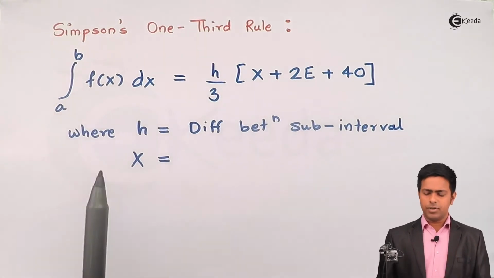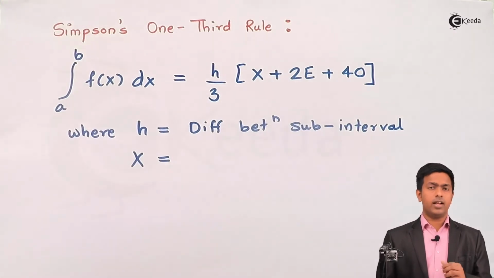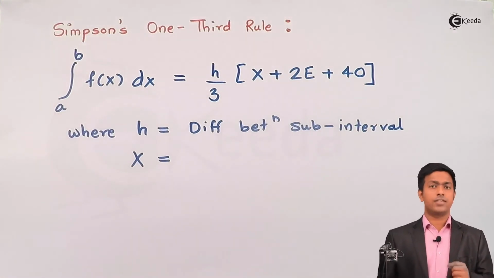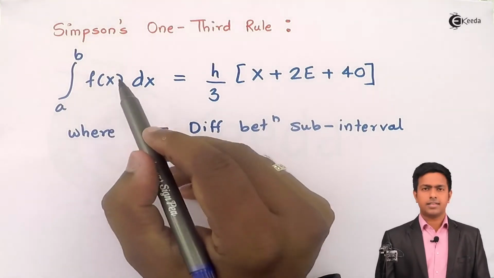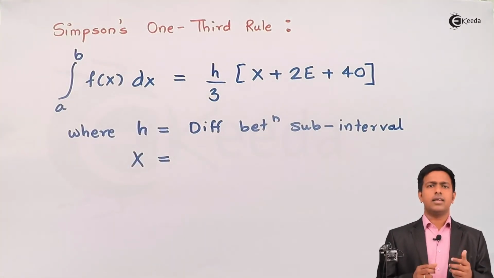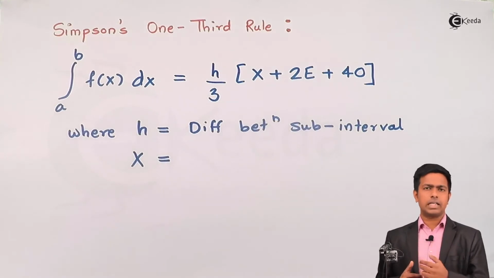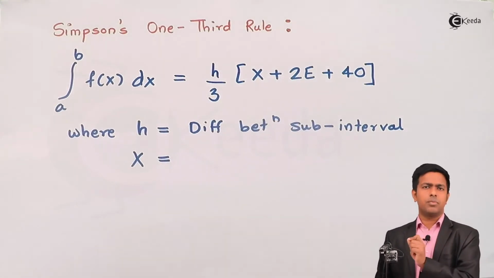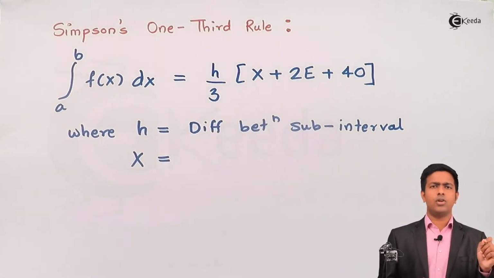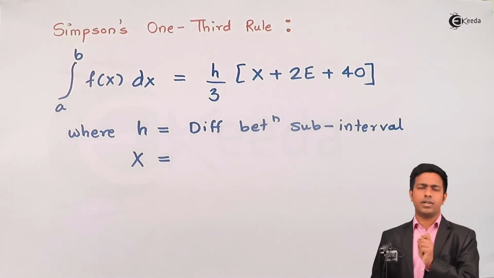Similarly, I am going to put each value of subinterval at x, so I get one value of f of x at each subinterval.